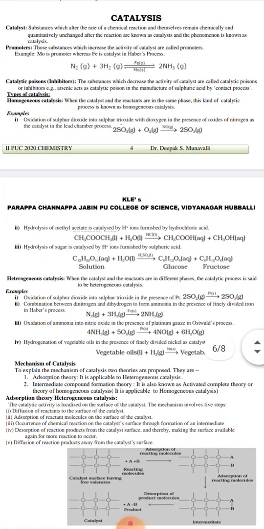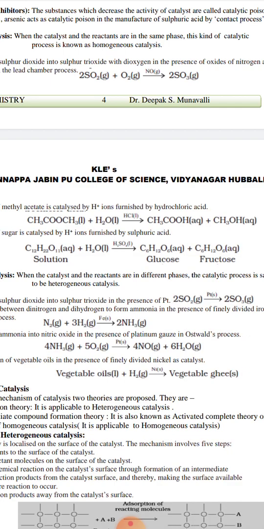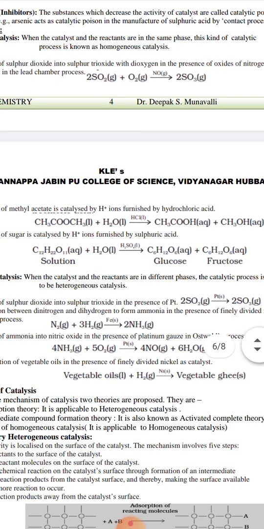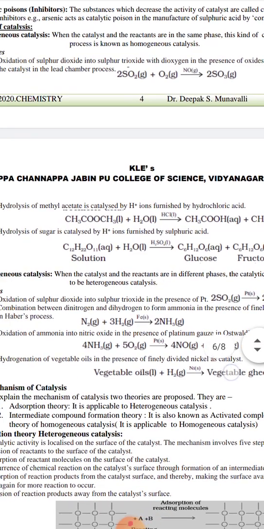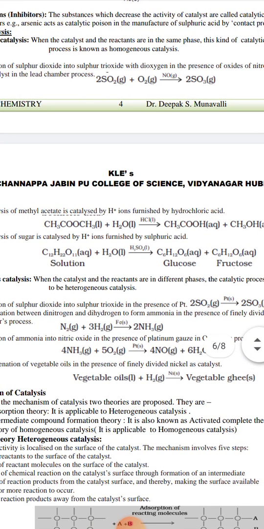When catalyst and the reactants are in different phases or different physical states, the catalytic process is said to be heterogeneous catalysis. Both the catalyst and reactant are in different phases. Examples are given there. Oxidation of sulfur dioxide into sulfur trioxide in the presence of platinum.